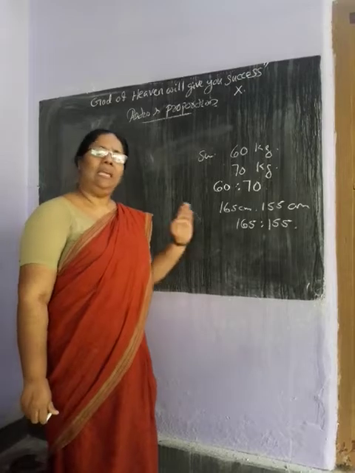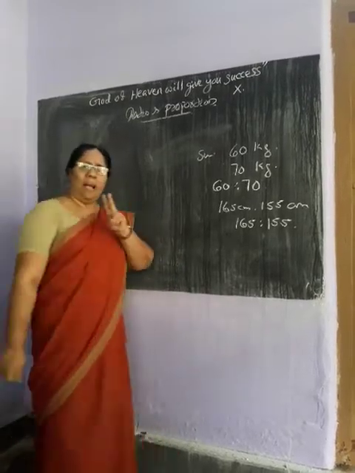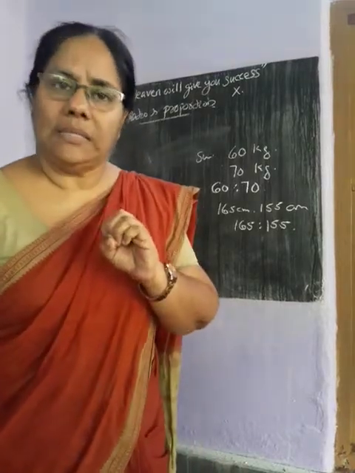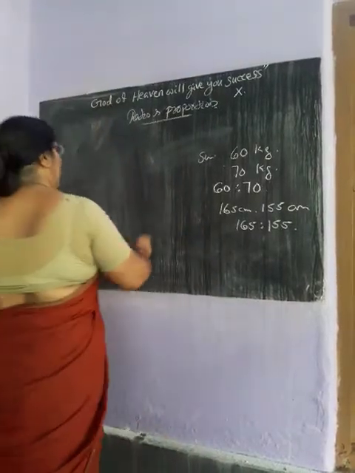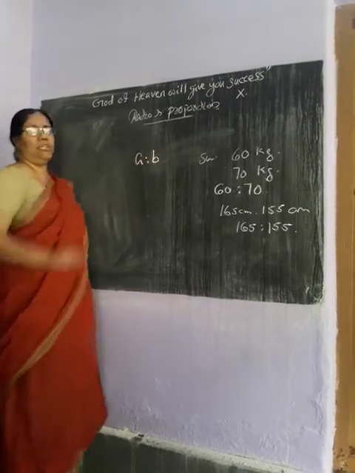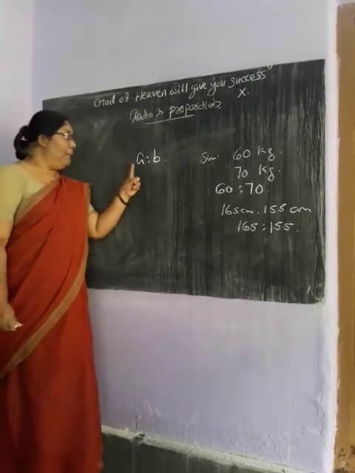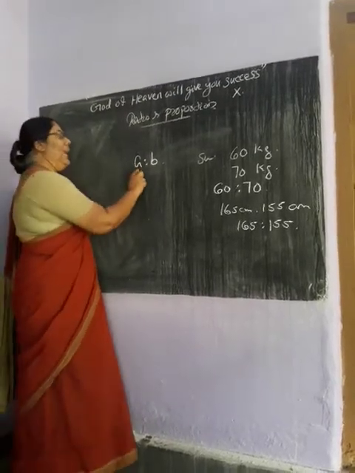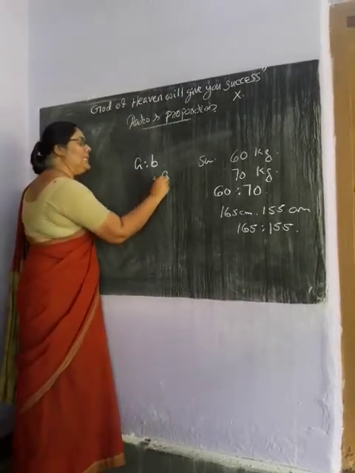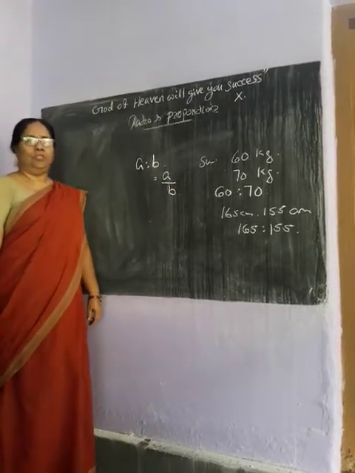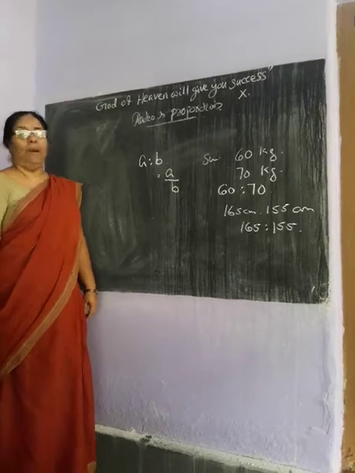Understand? If you compare any two quantities of the same kind, then A:B is the notation for ratio. Here we compare A and B, and A:B means A by B. Understand?